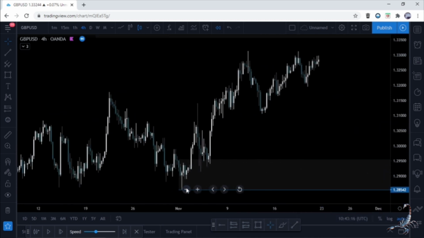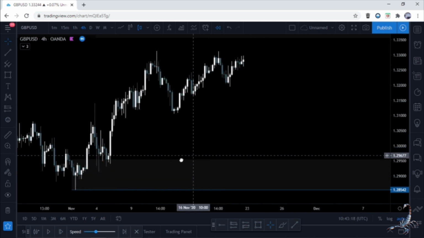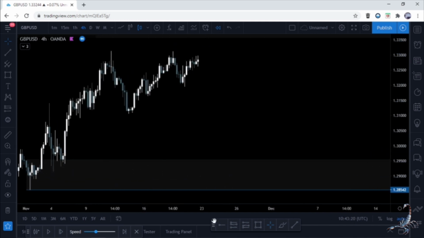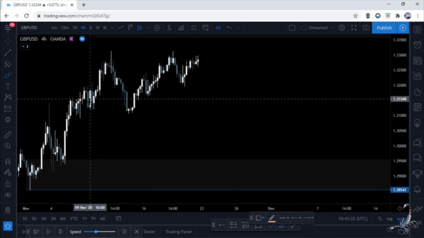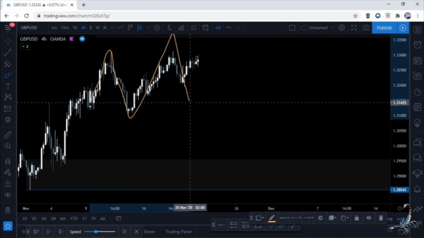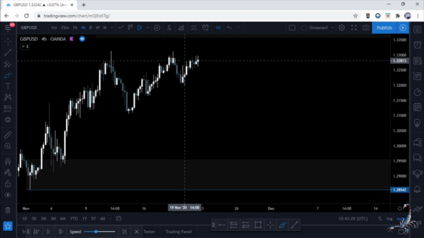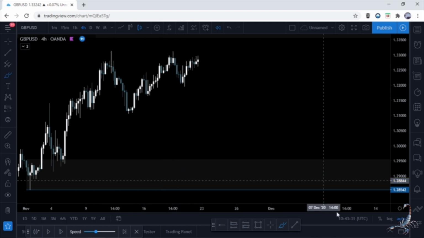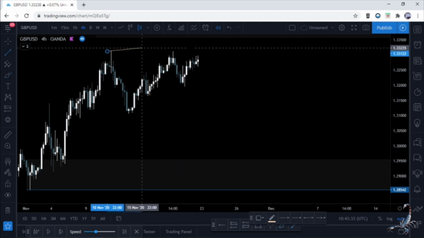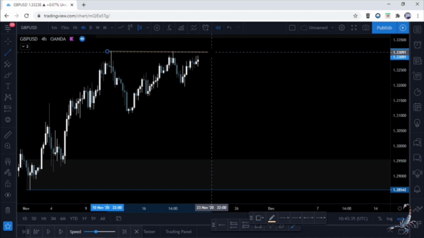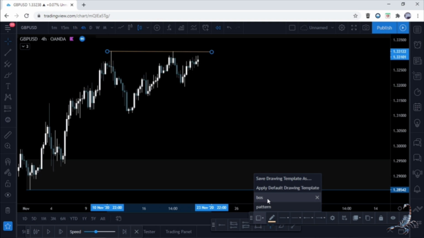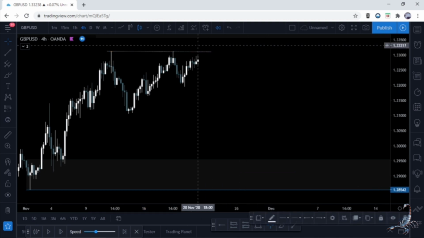What we have here on the 4-hour time frame is an uptrend, but we have a double top. And what happens when we have a double top is retail traders are looking for sell positions in this area, and because of this, there's lots of liquidity above this double top area. Liquidity is orders, stop losses, take profit, stop losses, and sell positions.